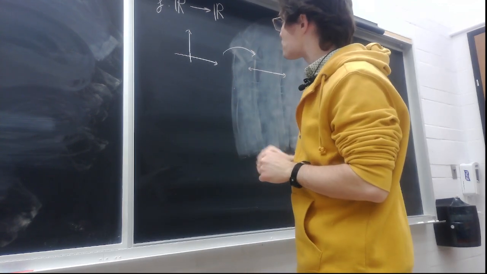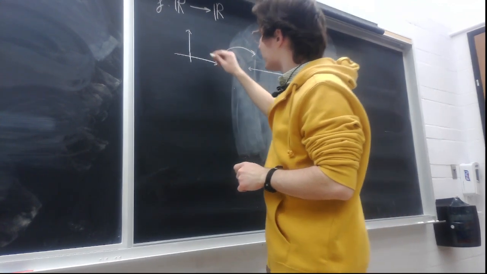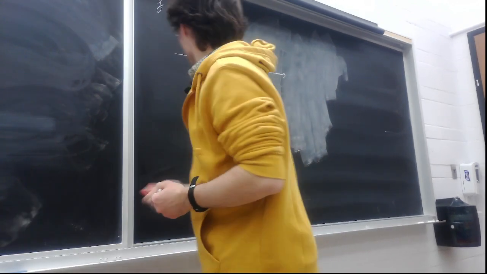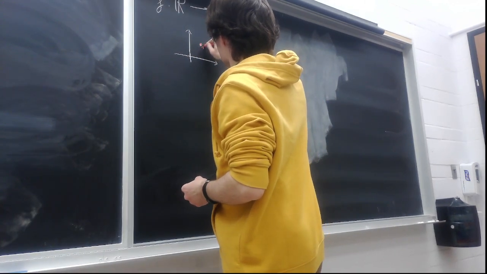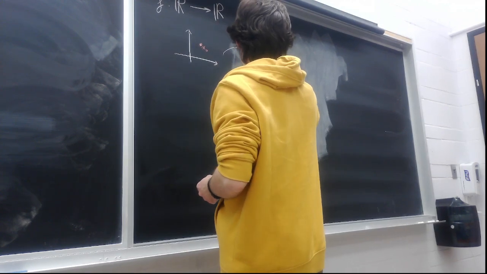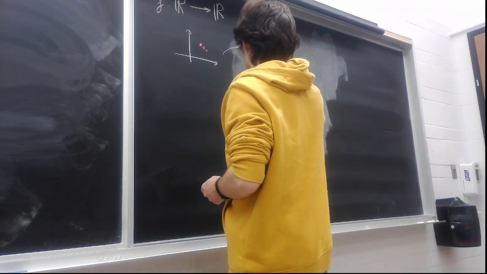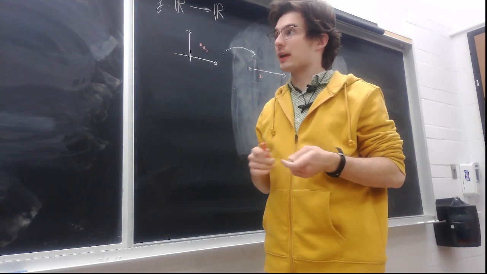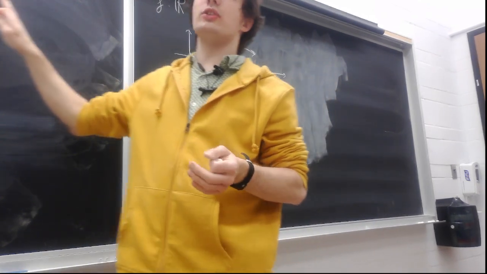So suppose I'm at this point, this is my x naught. Suppose x naught gets mapped to some, I don't know, y naught here. And I want to define a linear approximation. So now, what do we already know how to do?